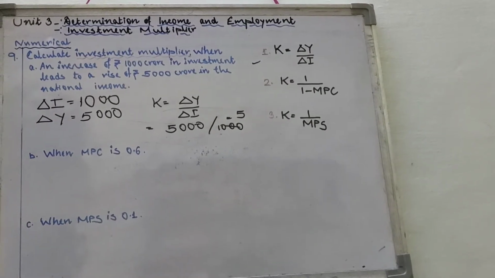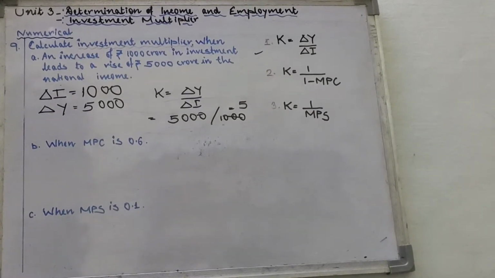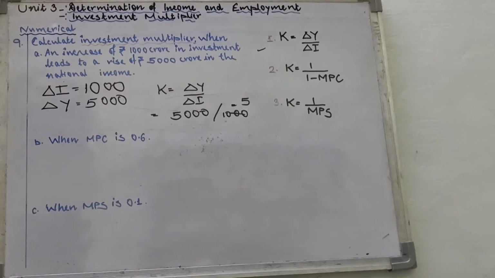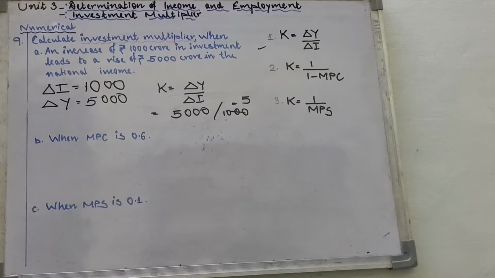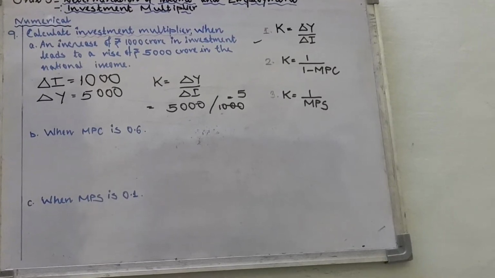Let's go to the next example. In the next part of question 9, it has been asked to find out the investment multiplier when MPC is 0.6.